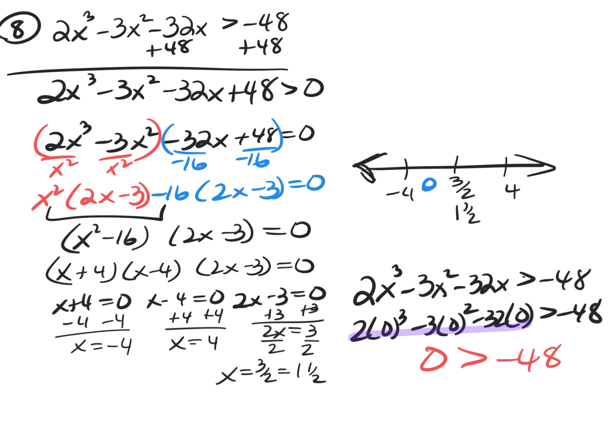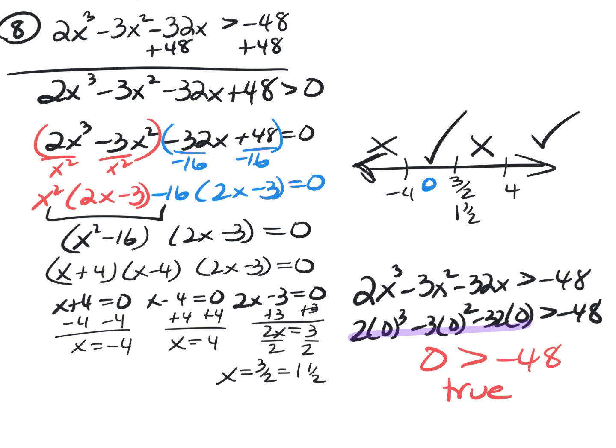This is a true statement. So the section that has the 0 gets the check mark. And then the pattern starts. X, check, and then put an X in front of that one.